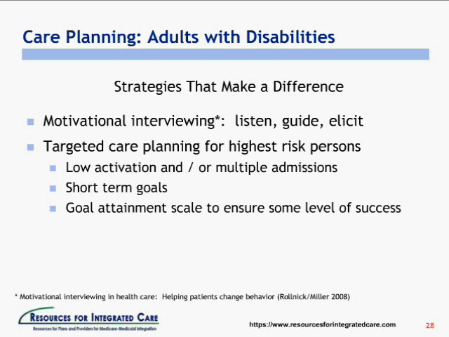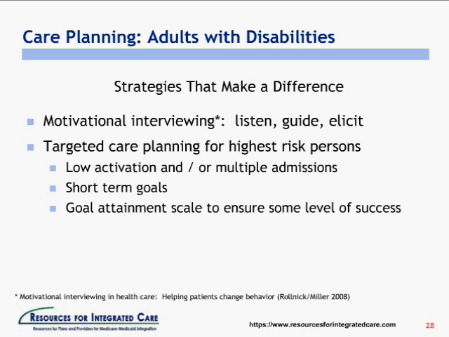So use a kind of goal attainment scale that will help capture even incremental improvement so that the individual can experience some level of success and get that feeling of mastery and confidence. So guide the person to identify that one thing to work on, set up a short time frame, maybe a few weeks or a month, and measure progress.